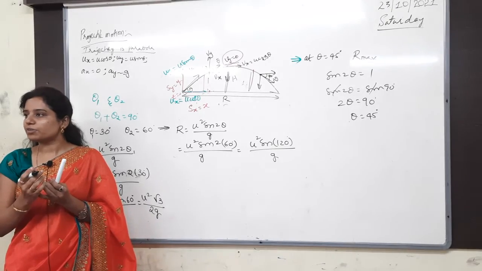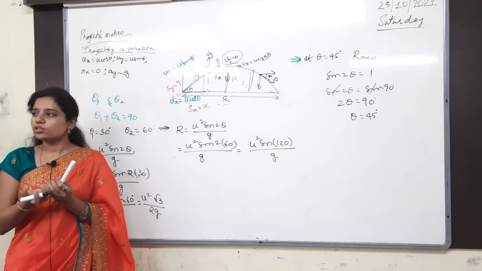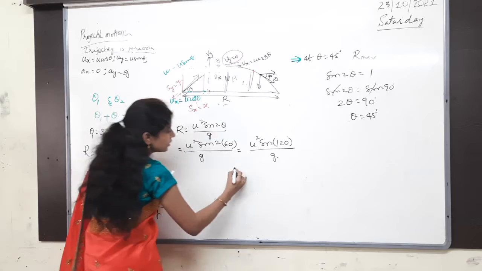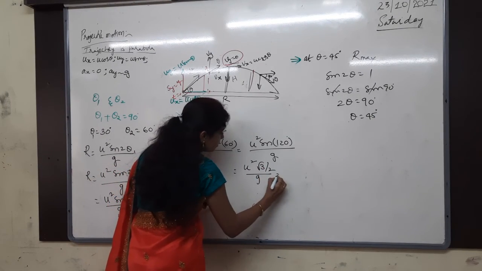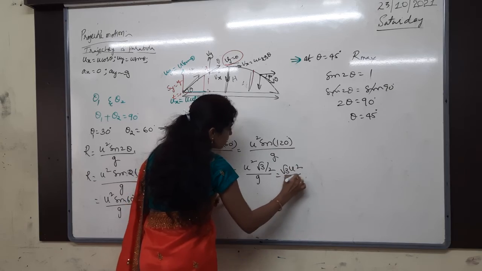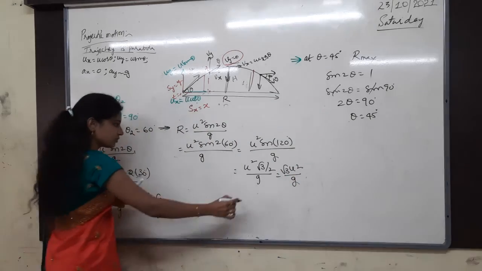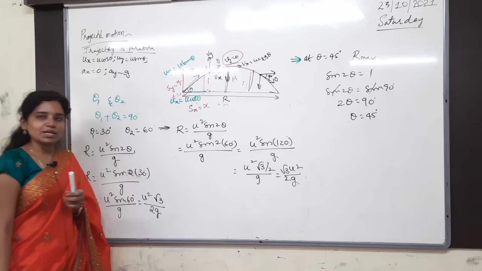Cos 30 only it will be. Cos 30 is root 3 by 2. So this is U square root 3 by 2 divided by G, so root 3 U square by 2G, I am sorry. We got the same answer or not?